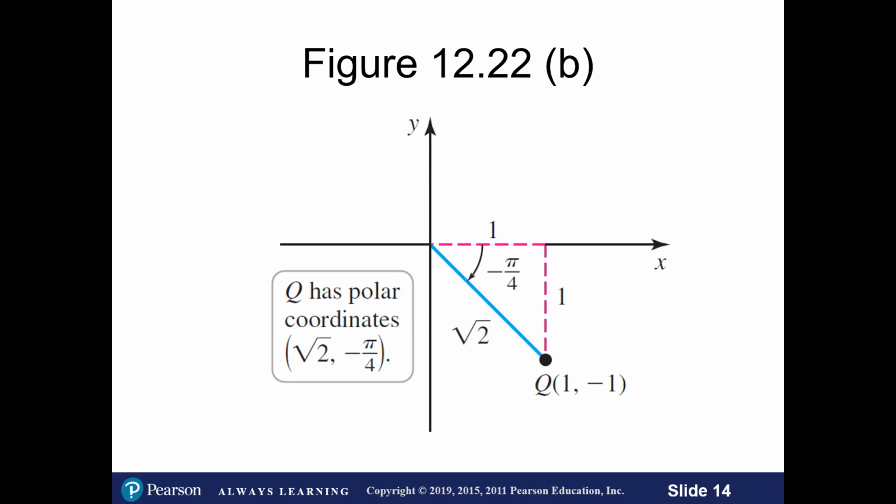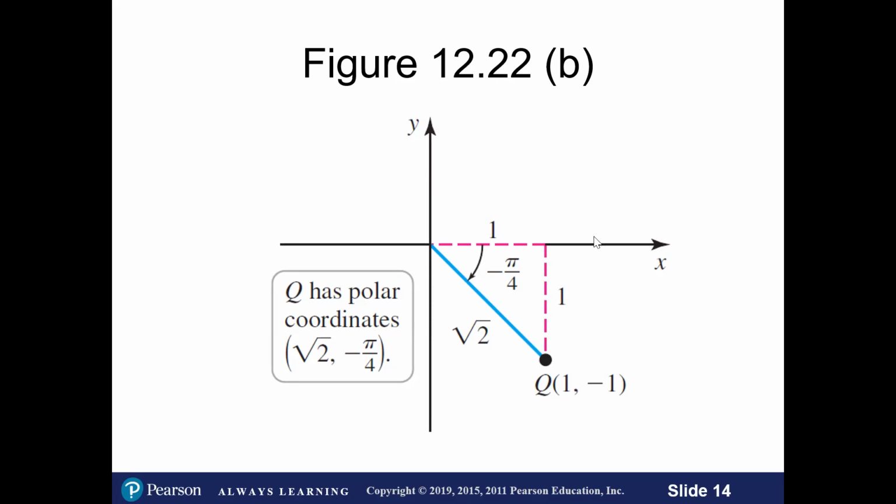Remember, the inverse tangent is going to give you an angle between negative pi over 2 and positive pi over 2. That's the only place it's defined. So that means it's going to give you an angle between negative 90 degrees and positive 90 degrees.